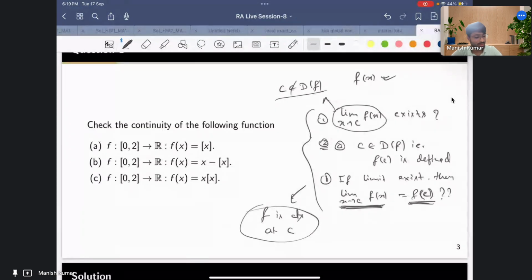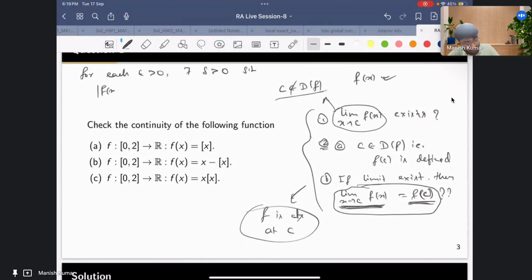Now using this fact, you can give the epsilon delta definition, which is similar to the earlier one. The definition would be that for each epsilon greater than 0, there exists delta greater than 0 such that mod of f(x) minus, now we don't need L here, we know that L has to be equal to f(c) for continuity, is less than epsilon if mod x minus c is less than delta.